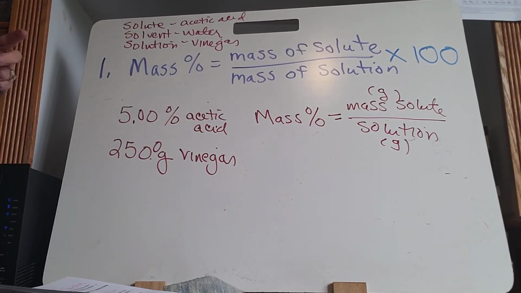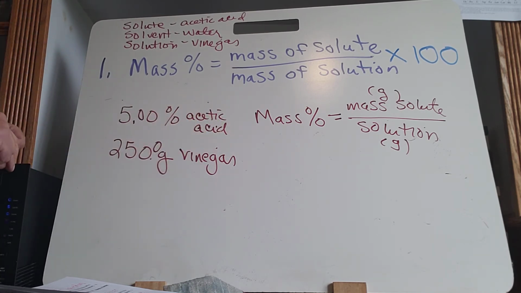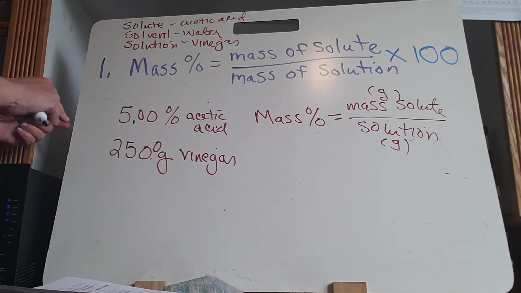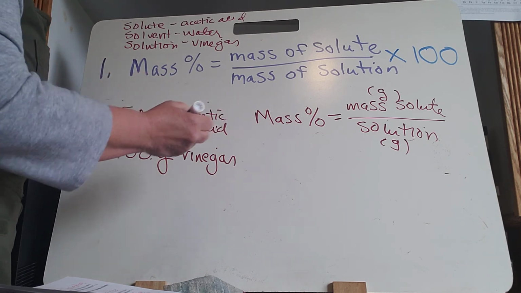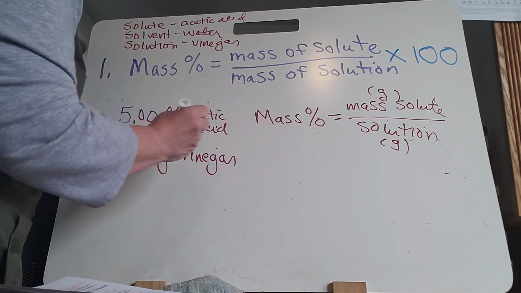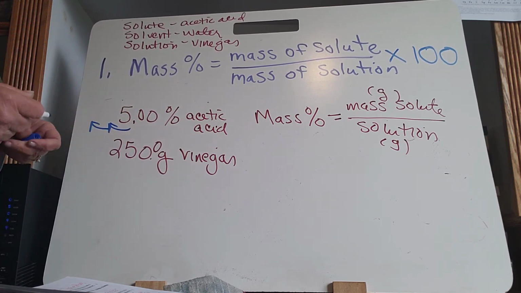And so when I'm filling this out, I now know my mass percentage already. Now, you know in math class, you can't have the percent sign there to do math calculations. So I have to switch this, move my decimal over 2 places.